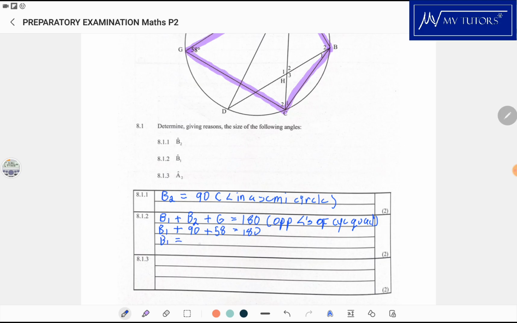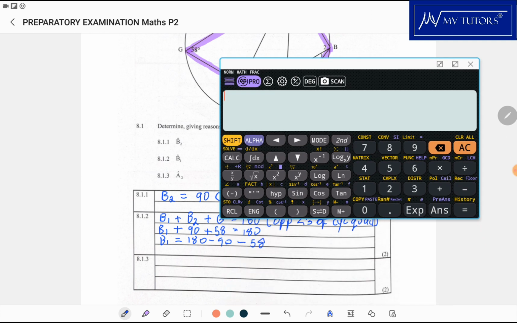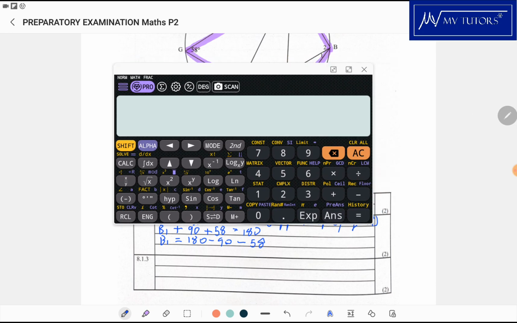So B1 will be equal to 180 minus 90 minus 58, and then we bring out a calculator. 180 minus 90, minus 58, is equal to 32.